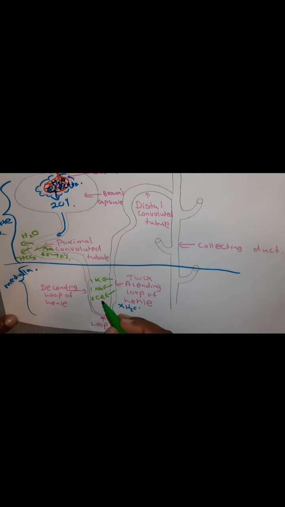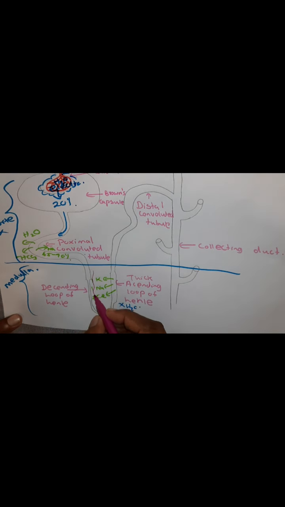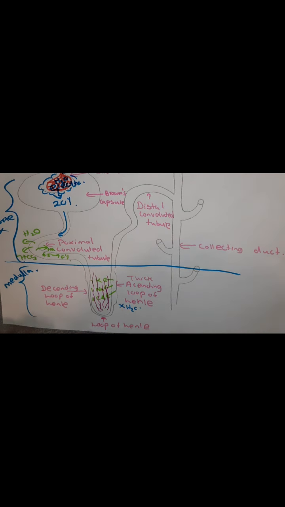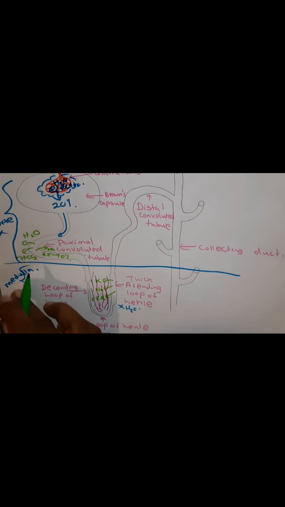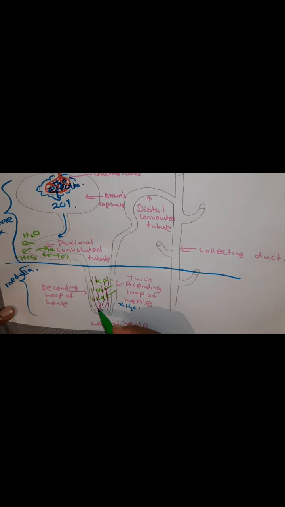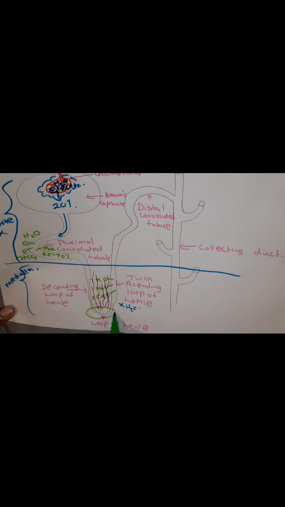The interstitium of the medulla, as I mentioned, the capillaries are going through this loop of Henle also. And the medulla tissues, which we call interstitium, are somewhere between here. Medulla interstitium is very hyperosmotic, and the loop of Henle is very permeable to water, where it reabsorbs water a lot.